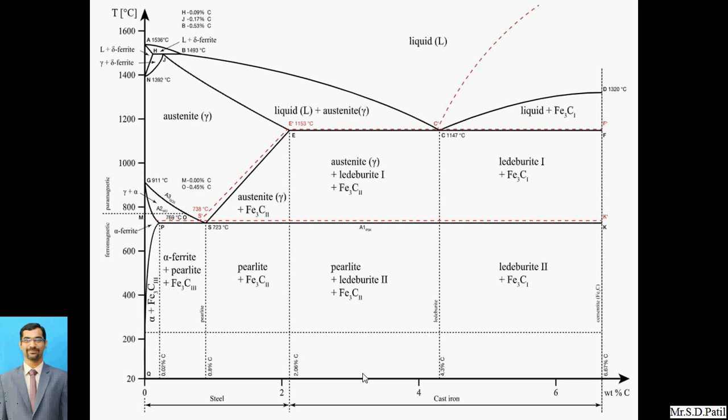Here on the x-axis you have to plot all the percentages of carbon, and on the y-axis, very important, the temperatures. So first of all, when we want to draw the Fe-Fe3C diagram, we have to set these two axes.